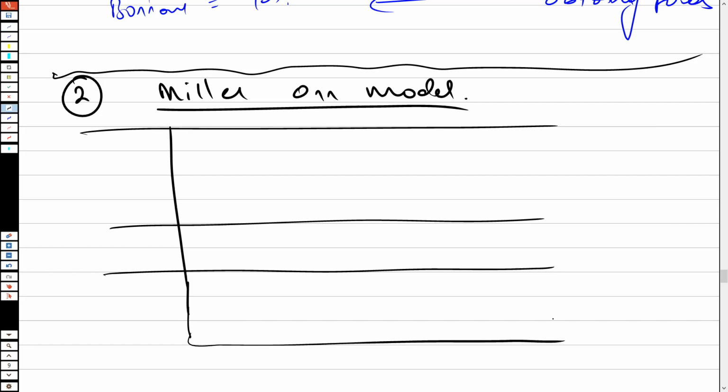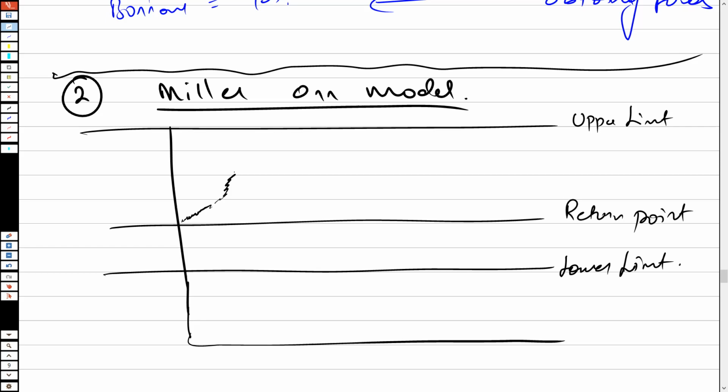Basically, under the Miller-Orr model, there are three things: upper limit, return point, lower limit. Now, for example, as a business, you are using cash.